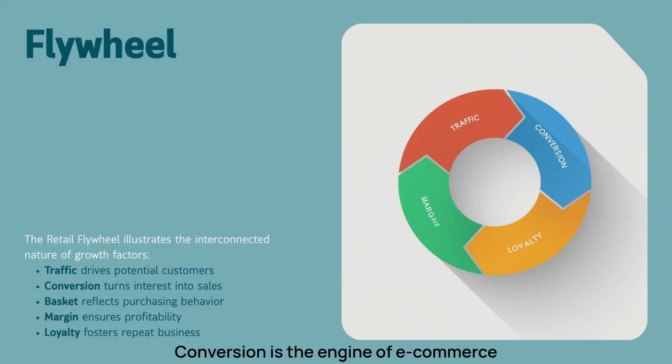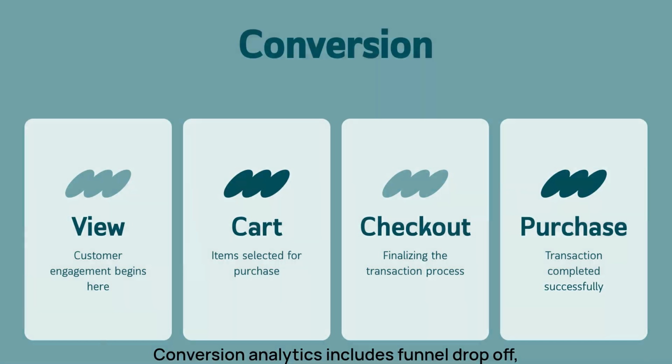Conversion is the engine of e-commerce because you can have all the traffic in the world, but if conversion is bad, revenue collapses. Conversion analytics includes funnel drop-off, cart abandonment, checkout friction, product page optimization, pricing alignment, trust signals, speed and UX performance. In retail stores, conversion is measured differently. How many visitors make a purchase today?